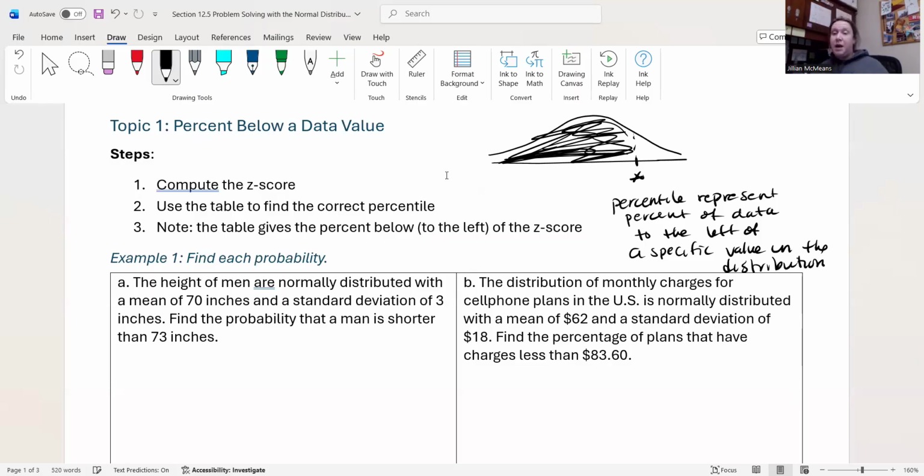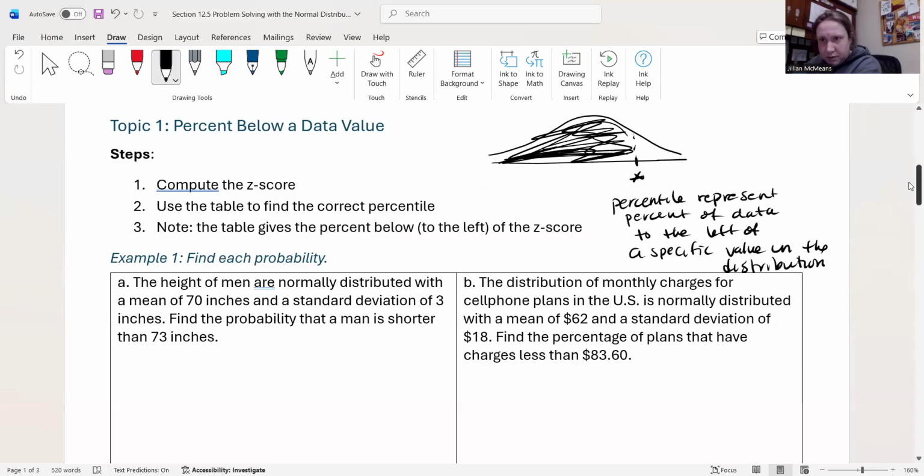All right, so keep that in mind. Once you get your z-score and you convert it to a percentile, that percentile represents the percent of data below a specific point, okay? So for example one, it says find each probability or find each percentage, okay, is what we're going to think of it as.